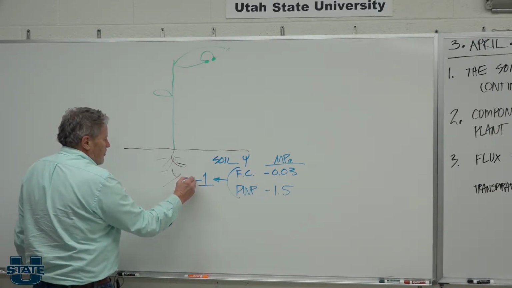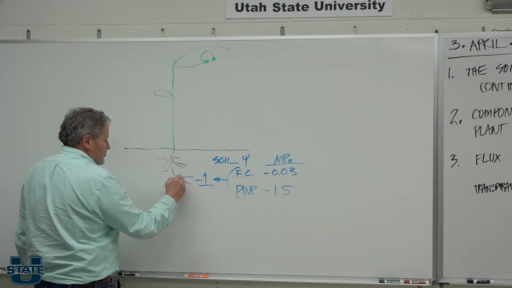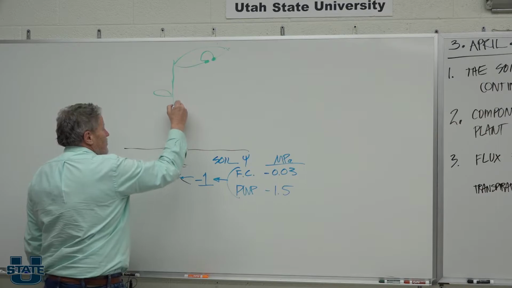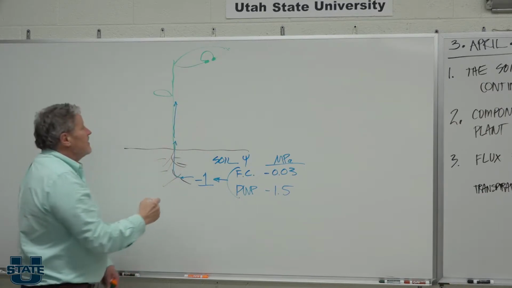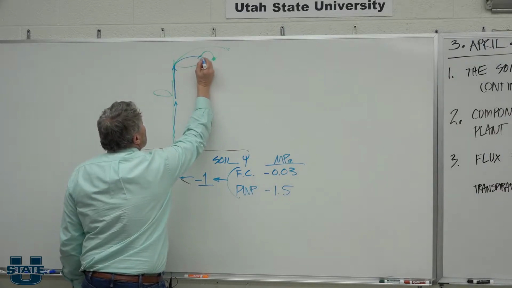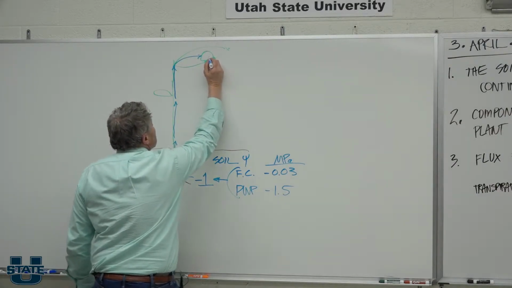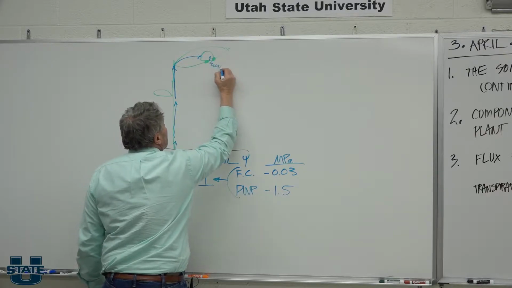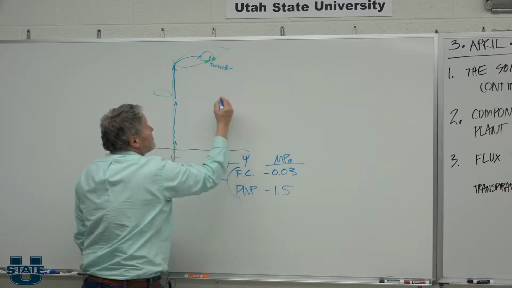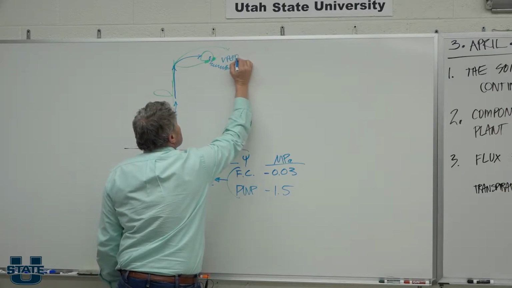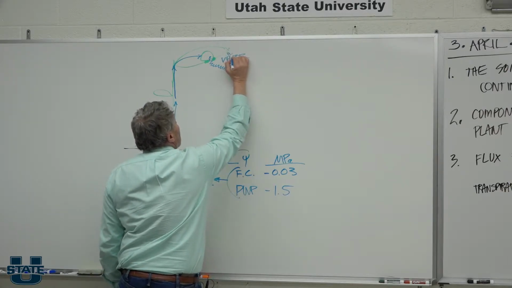This water moves to the root surfaces, up through the xylem, up. It's getting sucked up to the top, goes to here, and then, and I'm going to put a squiggly line here, because that's vapor, water vapor.